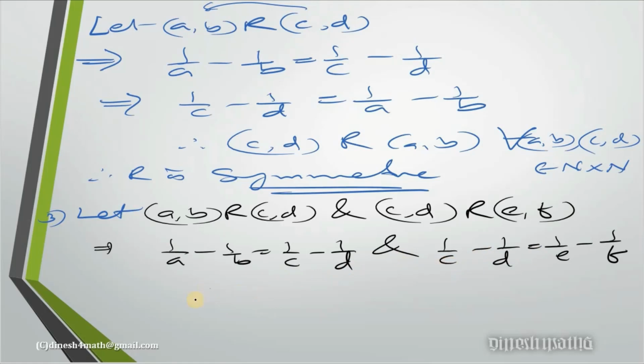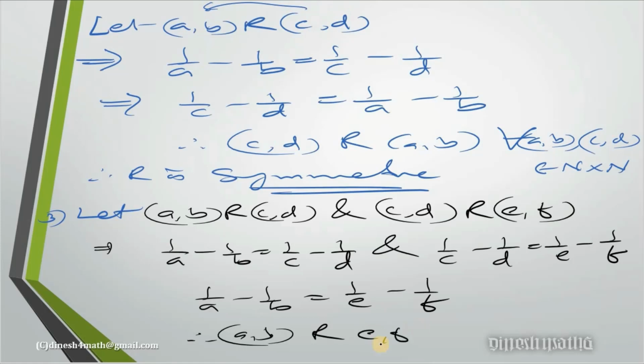And clearly from these two equations, 1/A − 1/B = 1/E − 1/F. So that says what? (A, B) is related to (E, F) for every A, B, C, D, E, F belonging to N × N. So it is transitive.